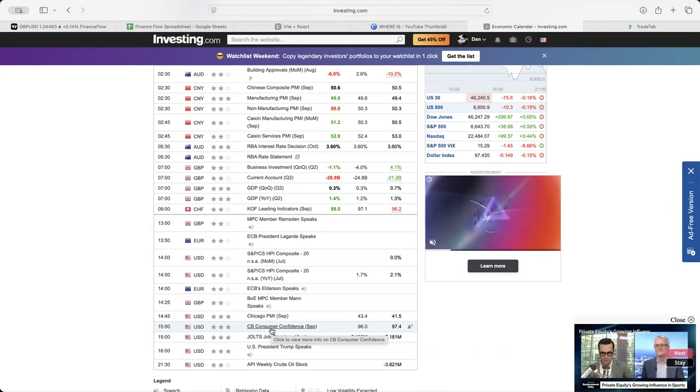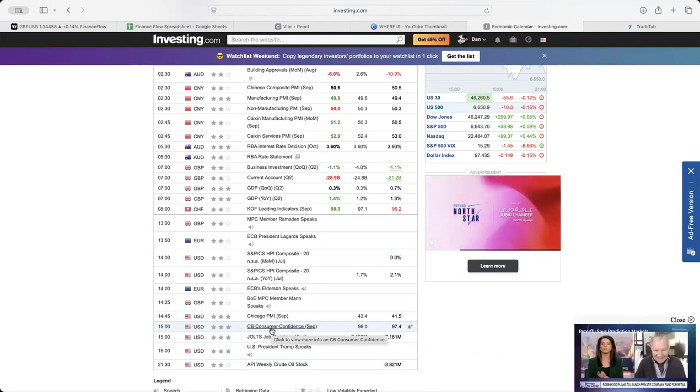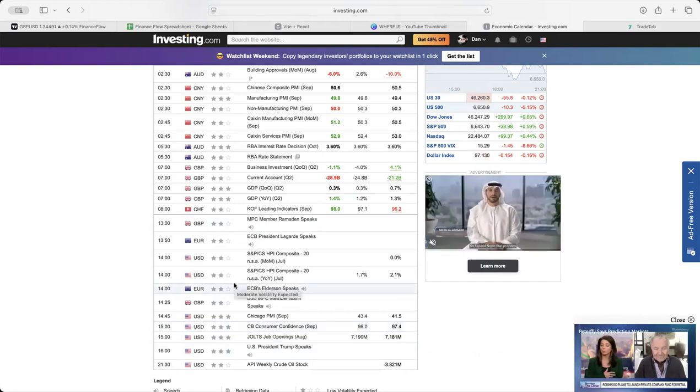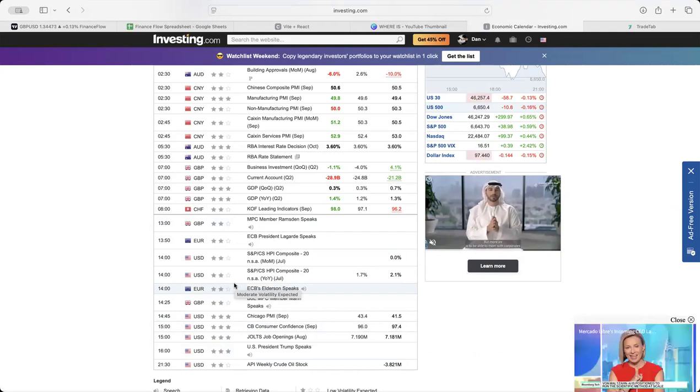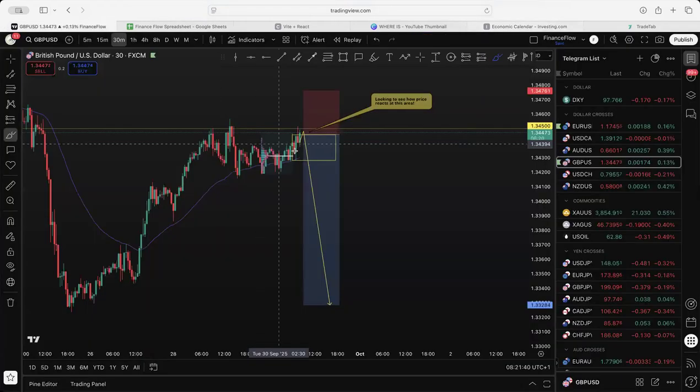I don't like it when news comes out at 2:45 and 3, because we normally like to enter a trade around quarter past 2. So this might delay our trade entry ever so slightly. We will wait and see what happens there. That's what I am looking at this morning.